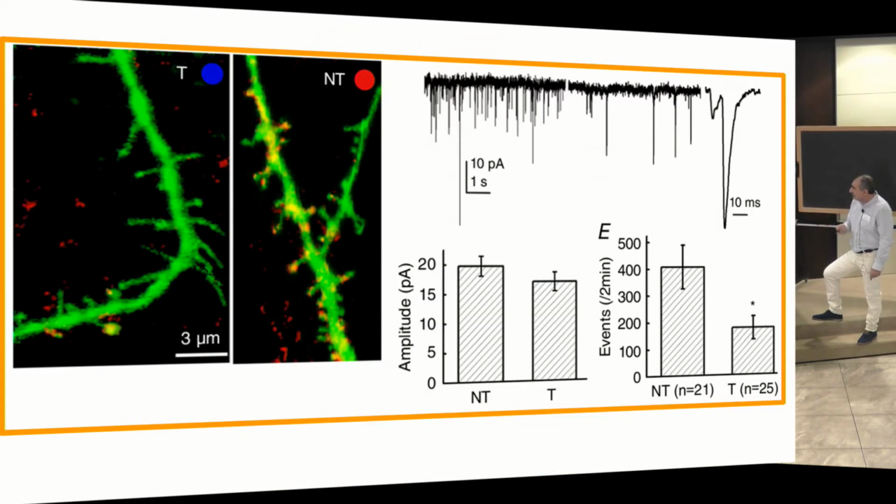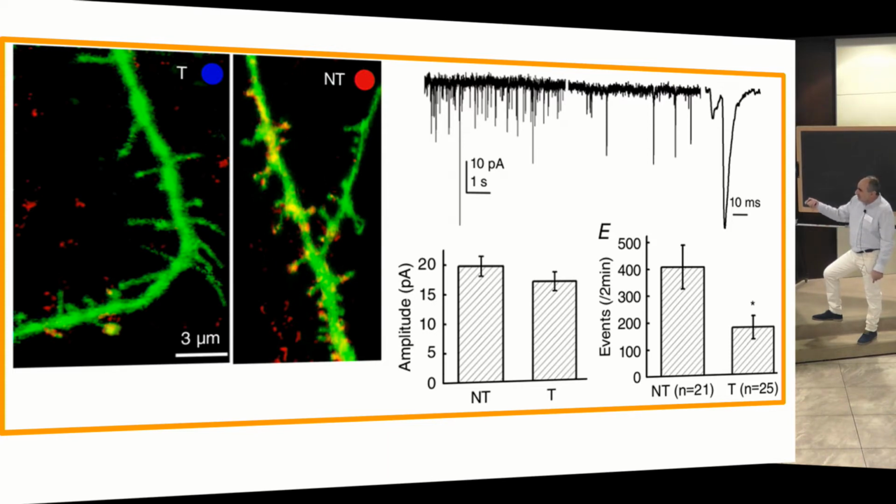I will go fast. Another check was to use siRNA, for those of you who know, to knock out the mRNA for ORI.